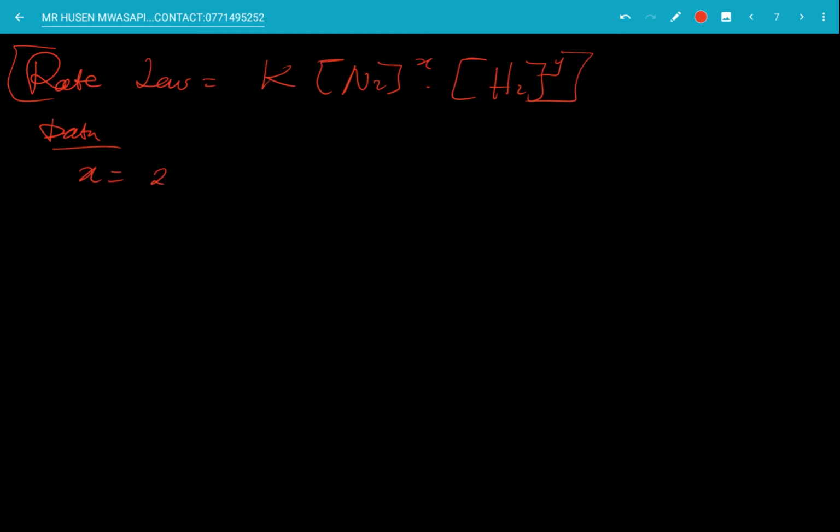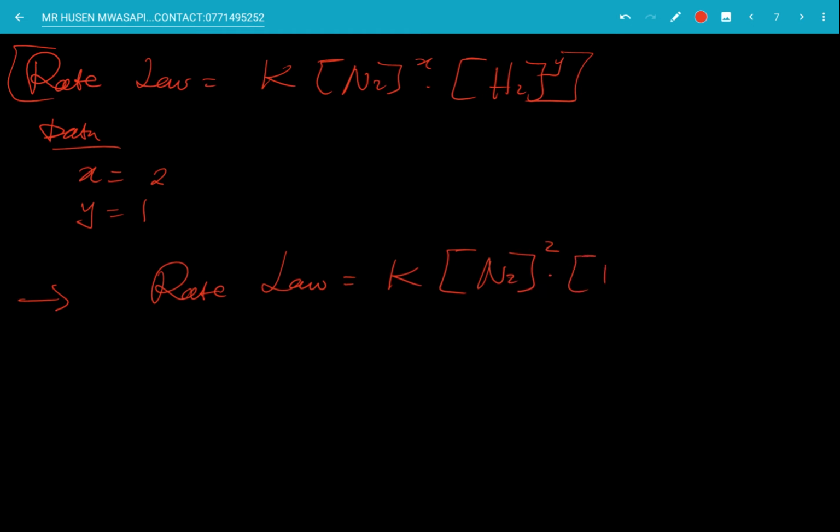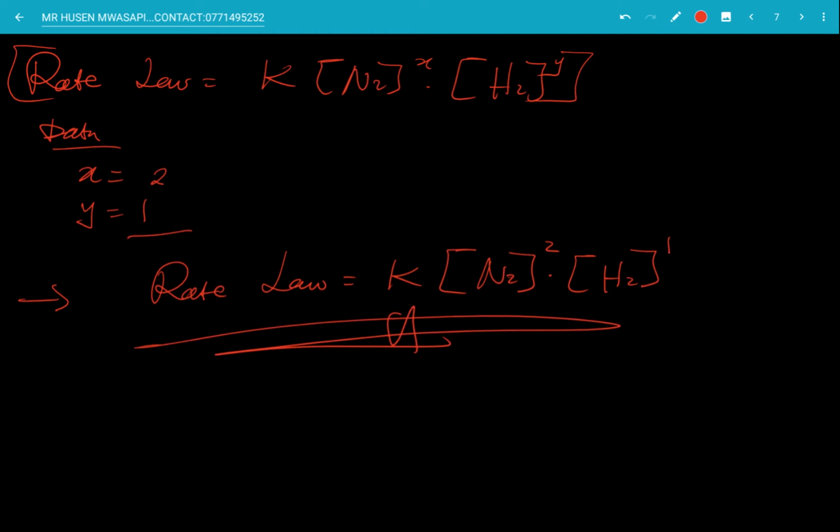Yes. X is equal to 2 and Y is equal to what? 1. So all we need to do is substitute and just say rate law is equal to K times the concentration of N2 raised to the second power times the concentration of hydrogen H2 raised to the first power. And this is basically what? The answer for the rate law.